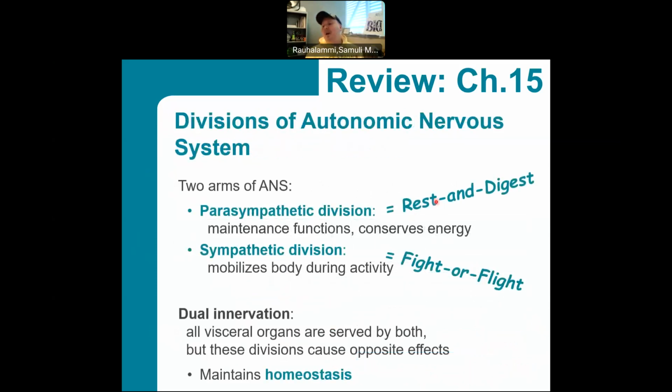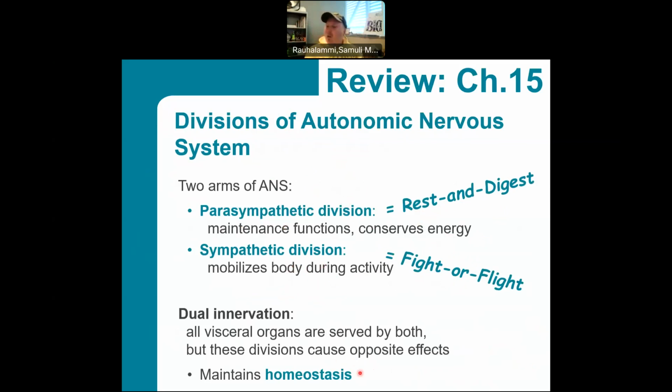One of the things that we often see when we talk about the parasympathetic nervous system is that it gets described as this rest and digest system, whereas the sympathetic division is often described as fight or flight responses. So let's dive a little more into detail of both and see what kind of physiological changes we see when one or the other is activated.